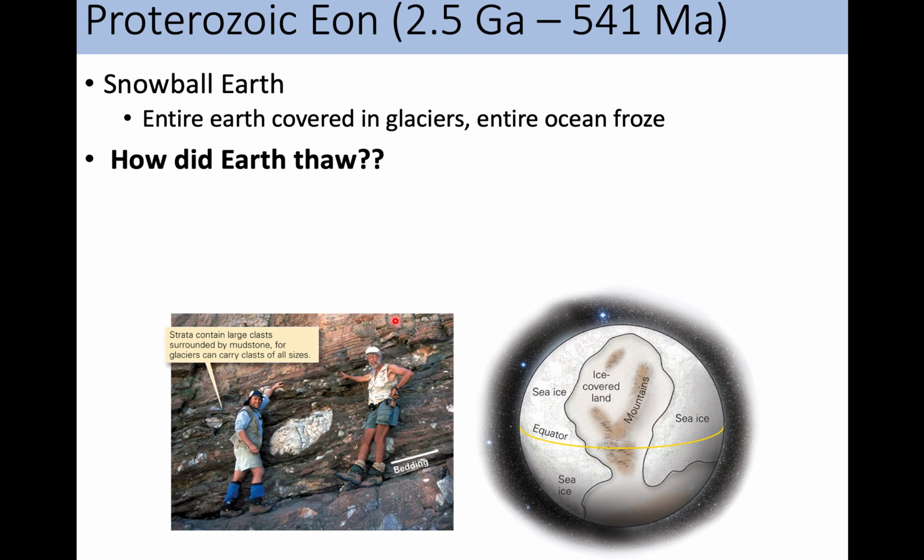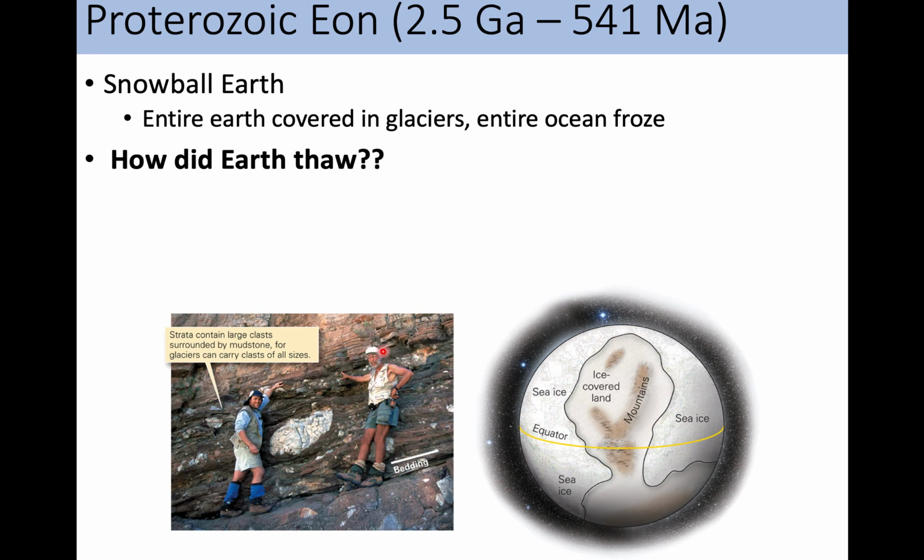So there's a lot of evidence of that in terms of rock layers that show glacial activity. A boulder this large, as you can see compared to these two people, can only be moved by ice. There's no water force that could move boulders like this all over the world other than ice.